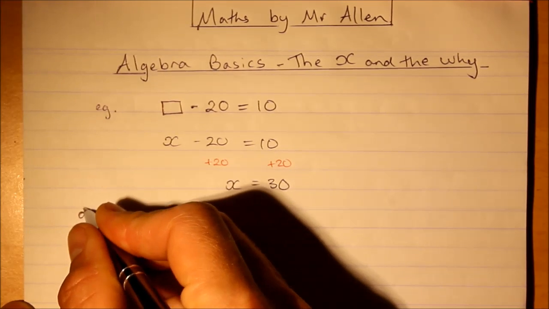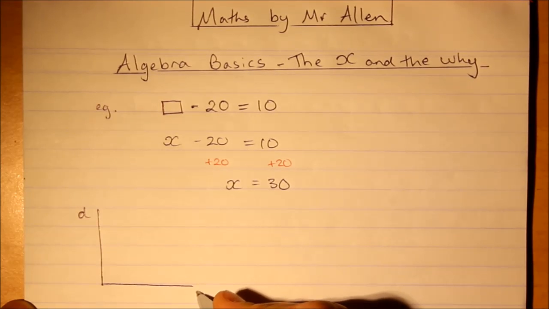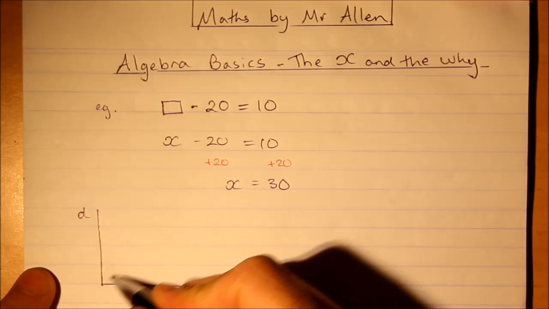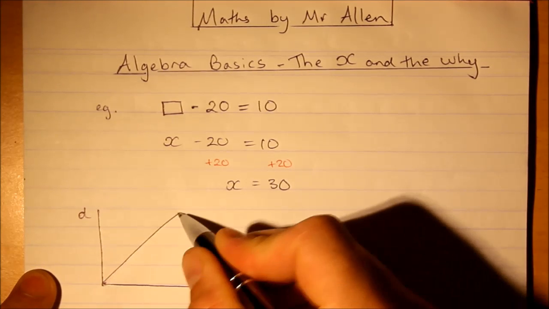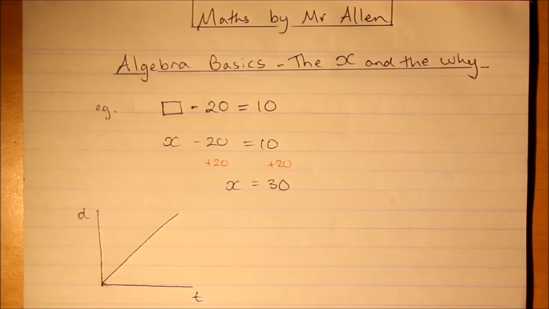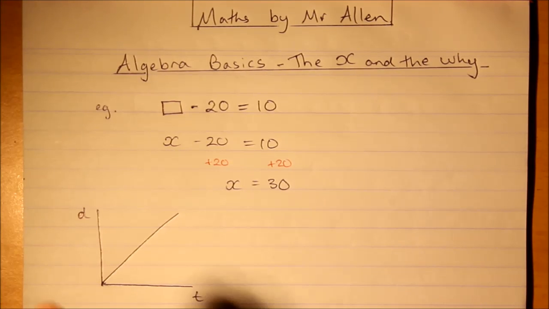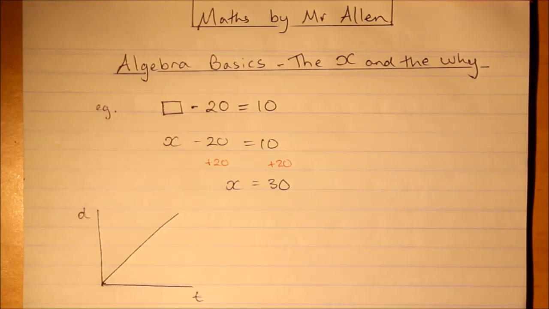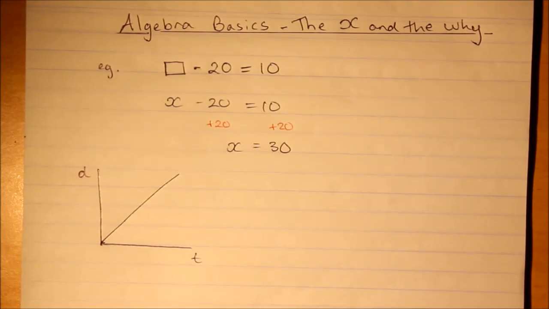Here, just have a look at two variables, distance and time. You may be traveling on the highway at a constant speed, and this graph in some way represents the relationship that exists between that journey, your distance you've traveled, and the time that you've taken to get there.